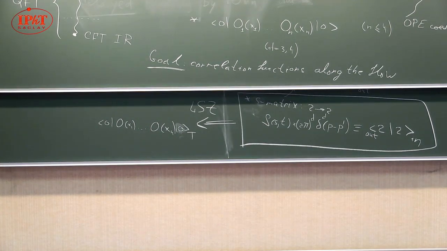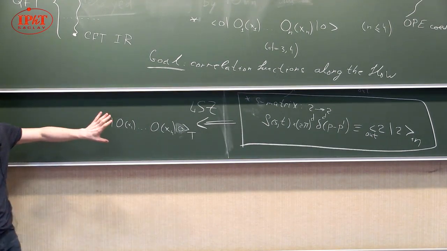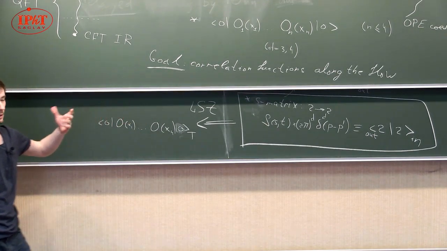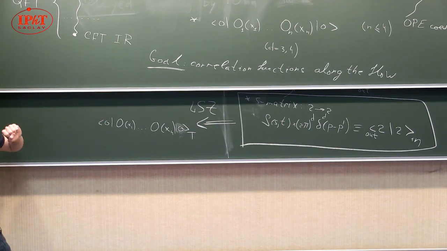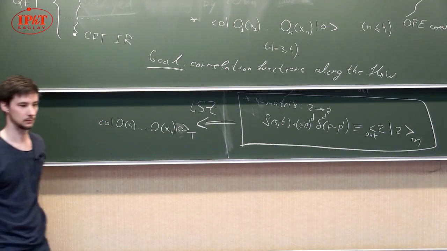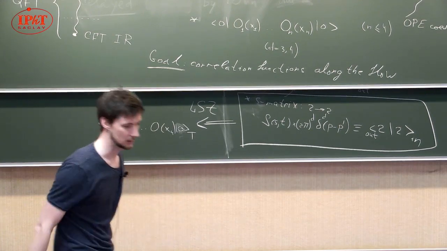Why do we like the S-matrix? It's just because it's a much simpler object than the time-ordered correlation function to work with. So it's a reduced correlation function.